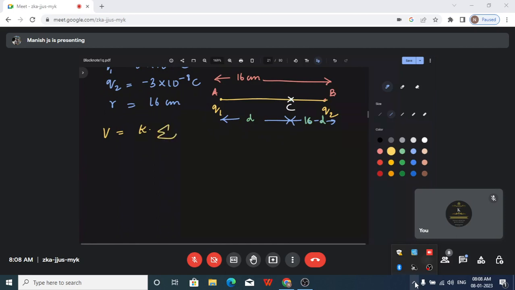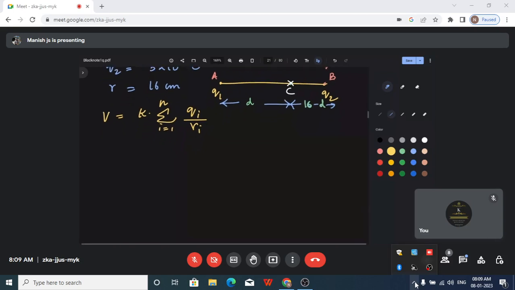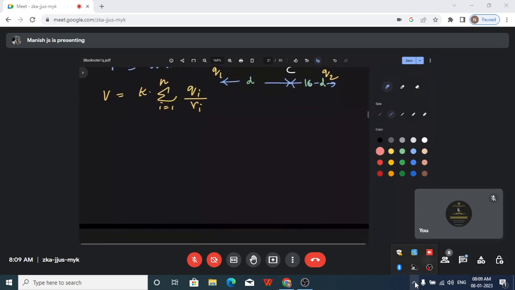K sigma i equal to 1 to n, Qi upon Ri. R square does not come here. So it is Qi upon Ri. So இது நம்ம யூஸ் பண்றோம். Now we go and use this formula.